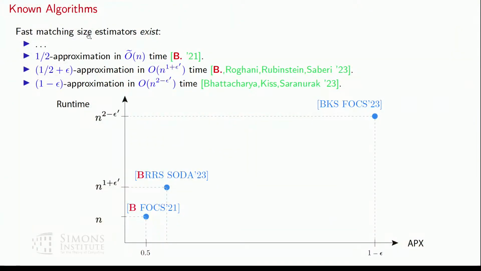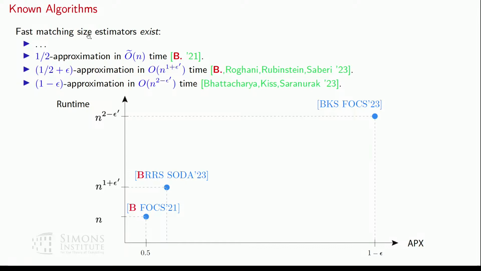So I just quickly want to again repeat what algorithms are known. I mentioned this in the first talk as well, but just to give you a sense in case you missed the first talk. So basically, what we know right now after a long line of work is these 3 algorithms. One can get a half approximation. This is the approximation, this is the running time. One can get a half approximation in order n time, hiding all polylog factors. So one can get a half approximation of the size of the maximum matching in order n time.